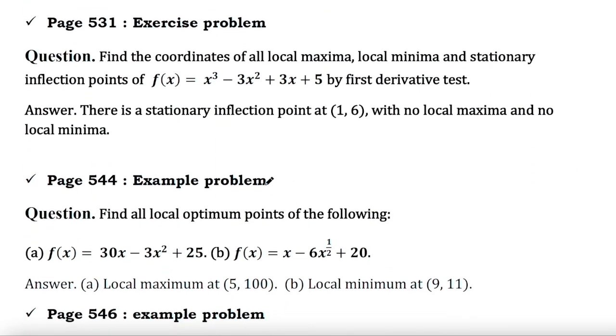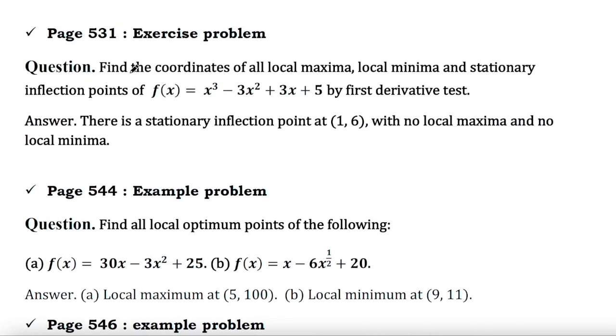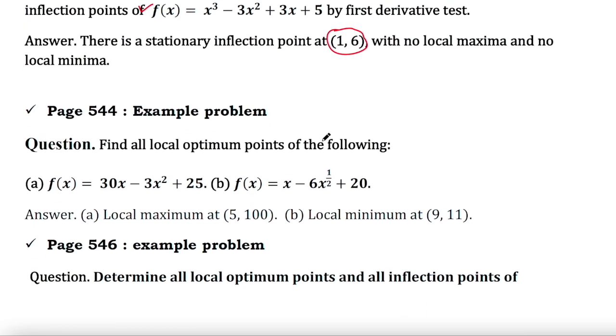And you can solve this one as well by yourself. For this one, there is no maximum or minimum point, only SIP. There is only one SIP, which is (1, 6). You can solve this one like before.